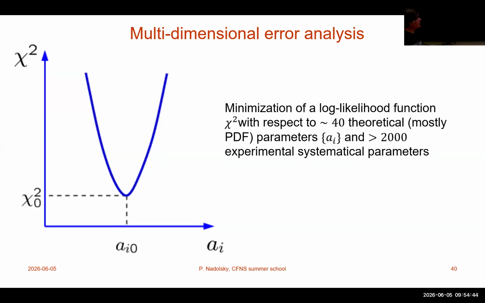Then there is the question of how we estimate the uncertainty around it. There is a standard prescription: if deviations of data from your predictions are purely random, then the 68% uncertainty interval for this parameter is given by the increase of delta chi-squared equal to 1.